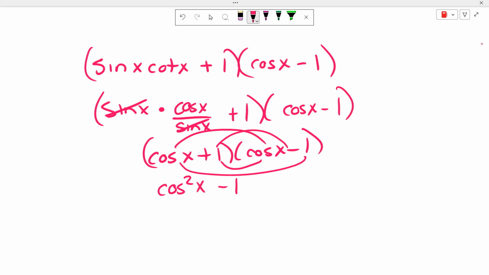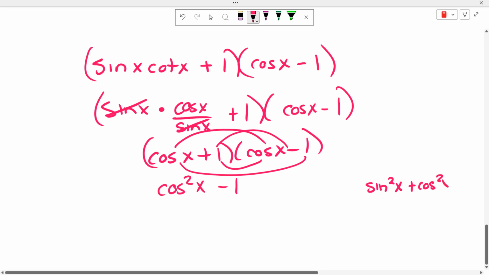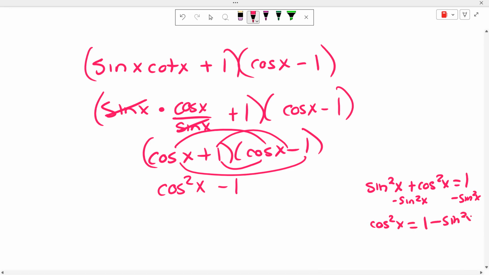Because we know there's a Pythagorean identity out there that says sine squared plus cosine squared equals 1. What can I do to both sides? Well, I can get cosine alone by subtracting sine squared of x. So cosine squared of x equals 1 minus sine squared of x.